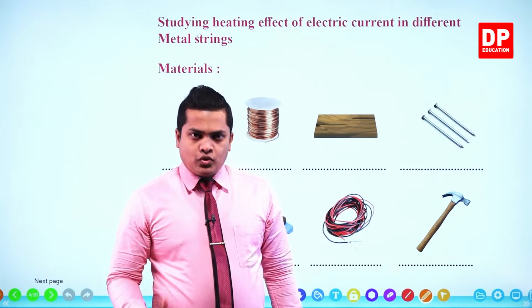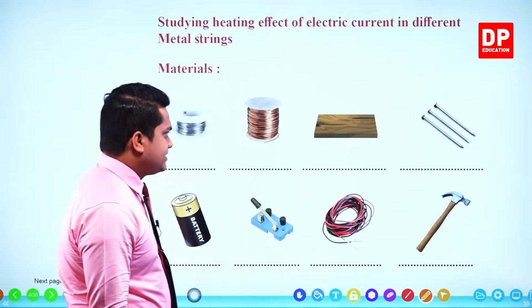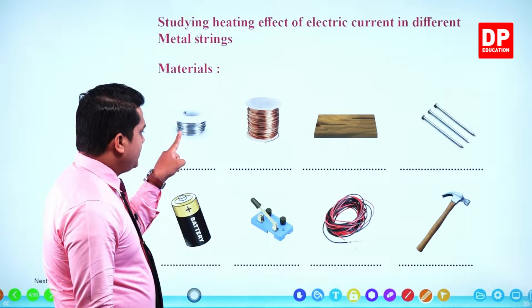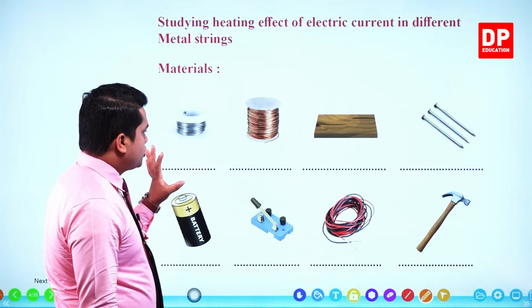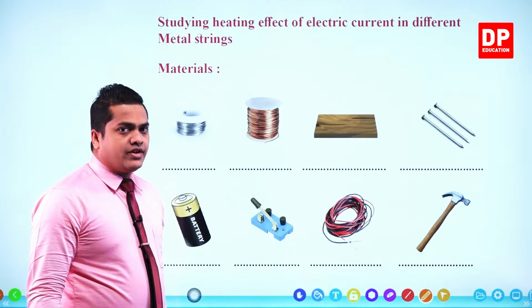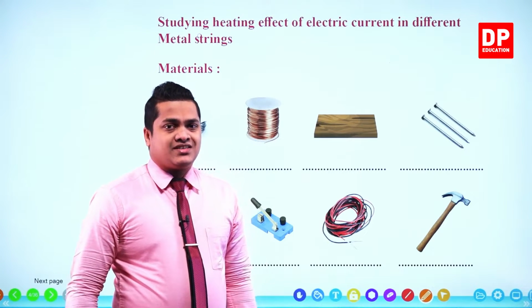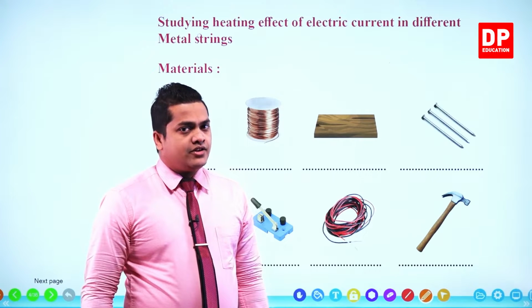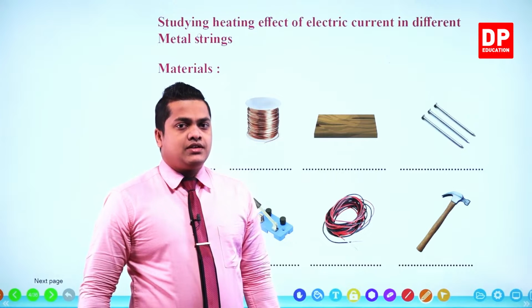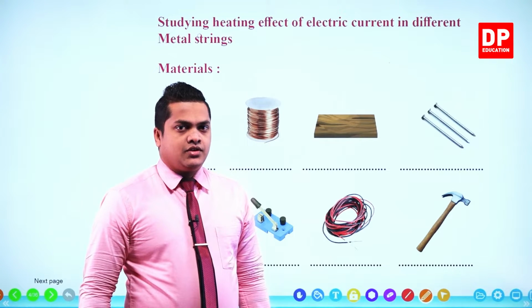So in order to do that, you will be needing these materials. So let's see what are the materials that we need. In the first figure here, you can observe a string that has a silvery nature. This is, my dear children, nichrome. In the earlier lesson, when we were discussing the measurements related to electricity, we discussed that nichrome is a type of material that has very high resistance.